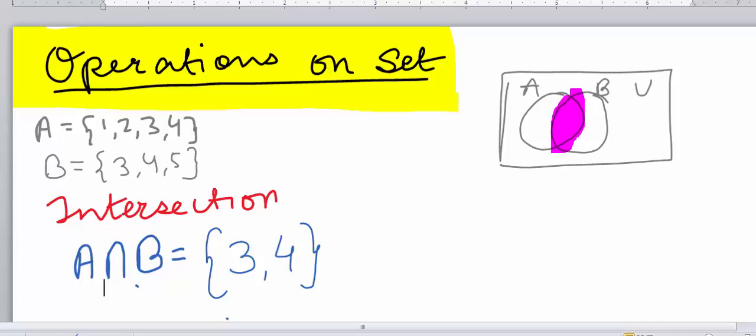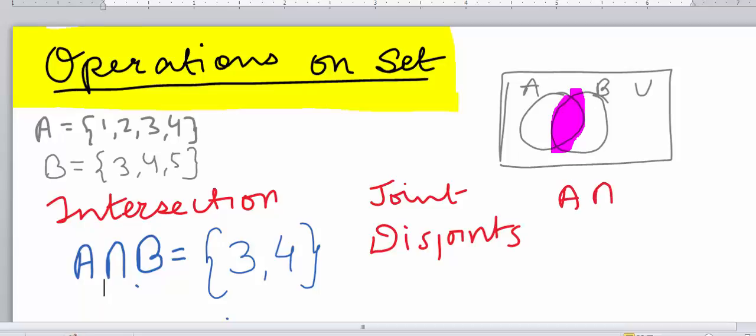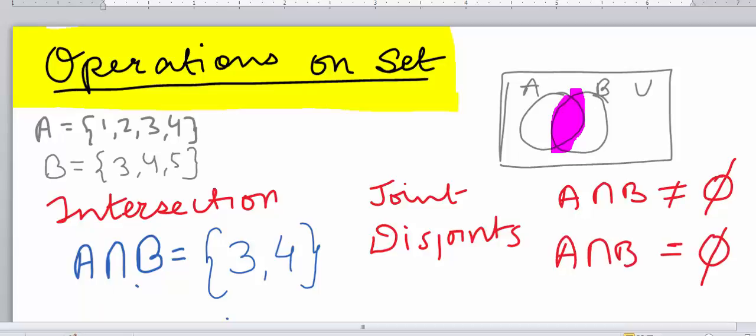So now we can have definitions of joint or disjoint sets. Two sets are said to be joint if A intersection B is not phi, and if A intersection B is phi, then they are disjoint.